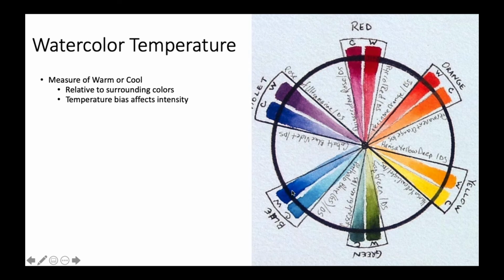And if a blue appears to have red in it, we call that a warm blue. So a blue that skews more towards violet is warm, and a blue that skews more towards turquoise is cool.